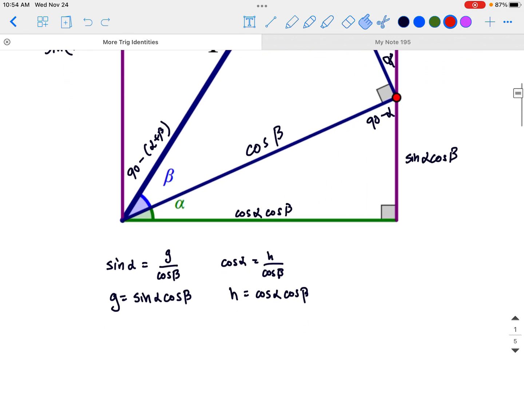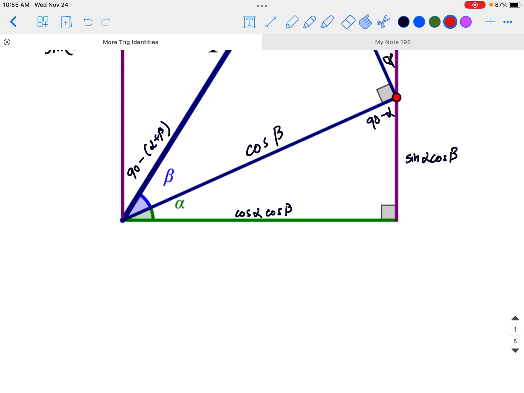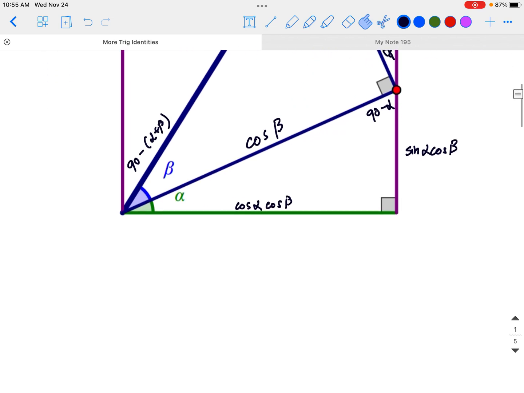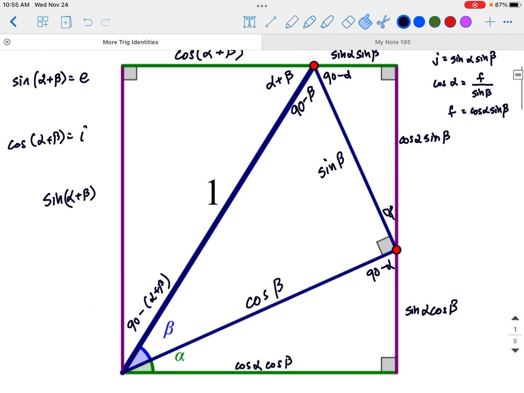So we'll go ahead and write that down here. So we'll get rid of our previous work here. So the two vertical side lengths, on the left I'm going to have sine alpha plus beta. And on the right, I've got two expressions.